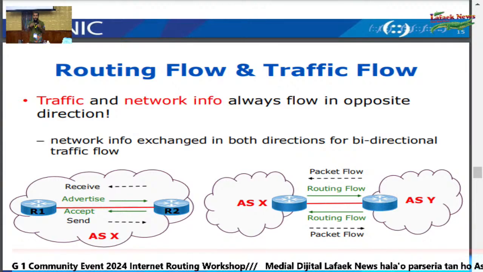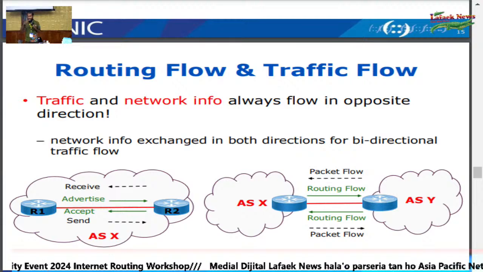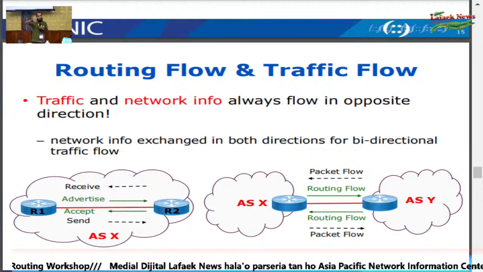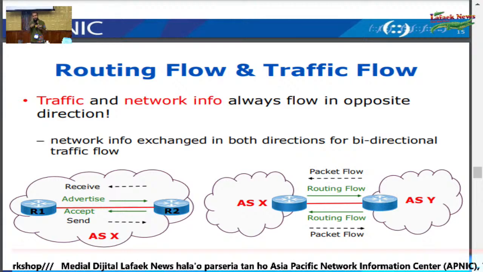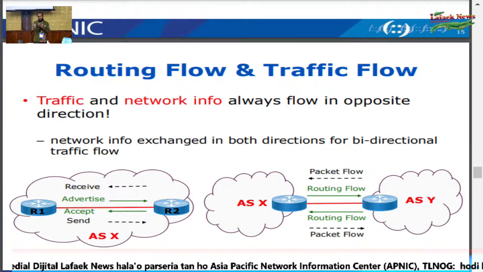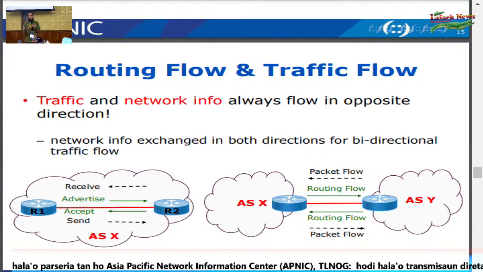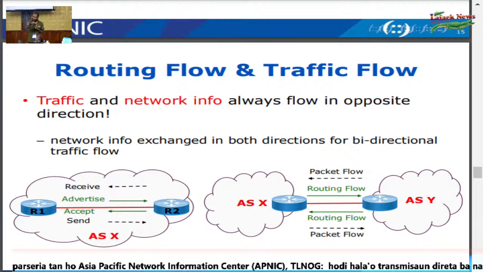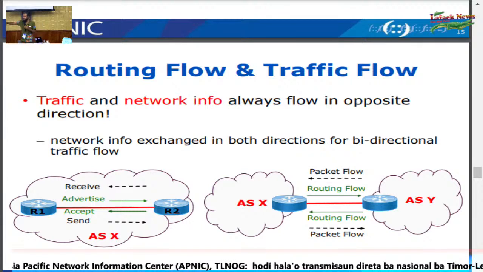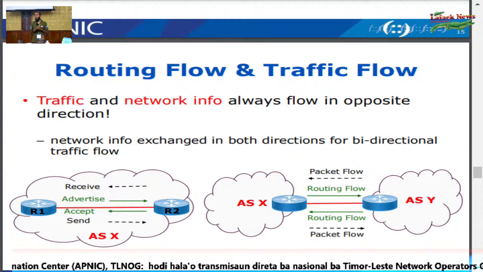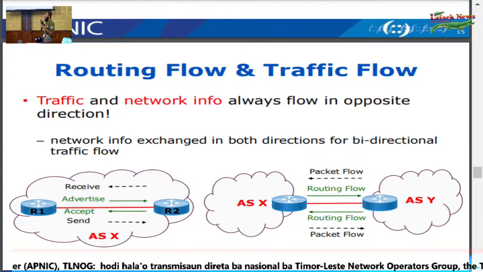If I don't accept, it's not going to my routing table. If a neighbor sends me something and I, as a network admin, configured it to accept this and deny everything else, then only the information I accepted goes to the routing table in my brain. The rest I just ignore, right? So it's important to accept.